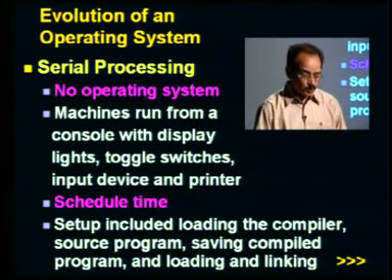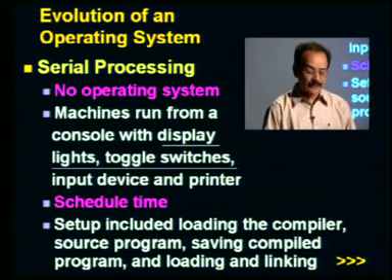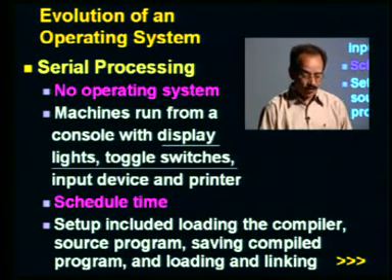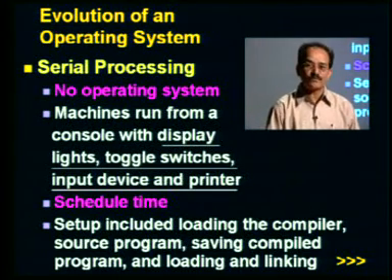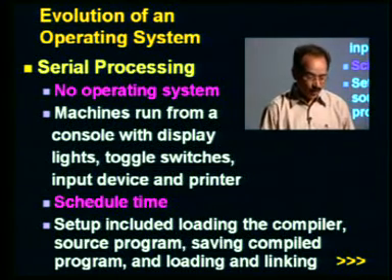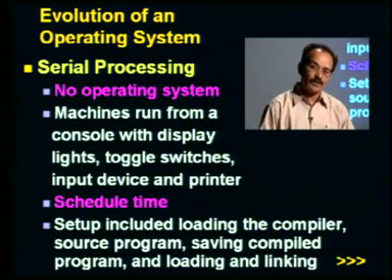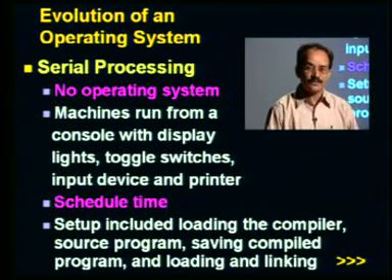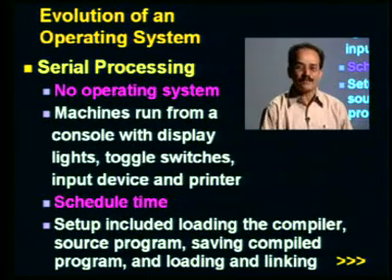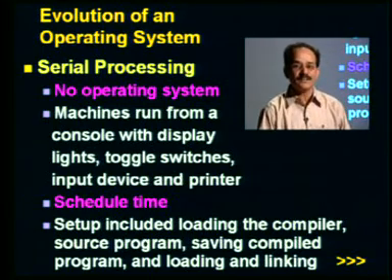They used to have display lights, toggle switches, some input device or printer, through which one would interface with everything. The IBM 1620 was one such system, from the very early days, where there never used to be any operating system, and every process had to be done by the users.